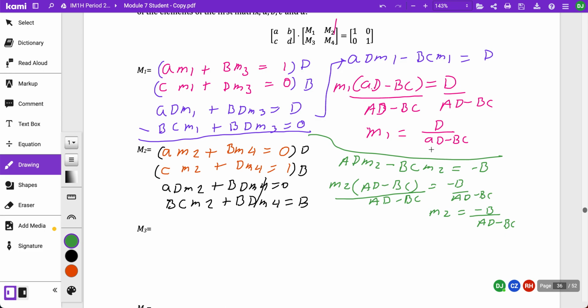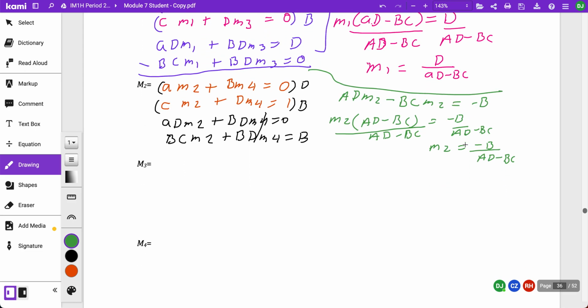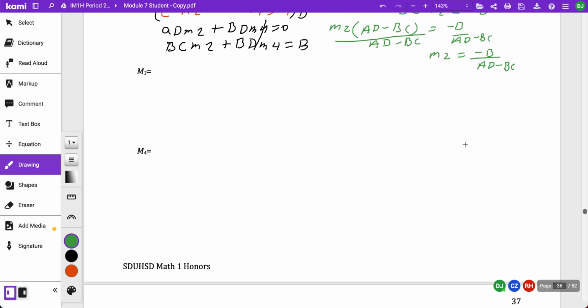Not all of this, but essentially these two, M1 equals and M2 equals. The second thing I want you to look at is what are they both being divided by? They are both being divided by AD minus BC. Well, think about it. How else have we seen AD minus BC? And hopefully you figured out that is the determinant. So let's go ahead and continue this.